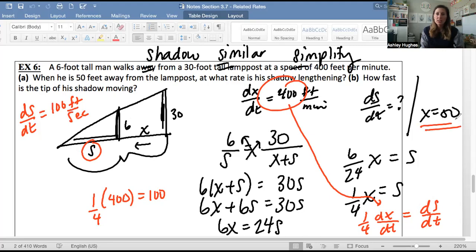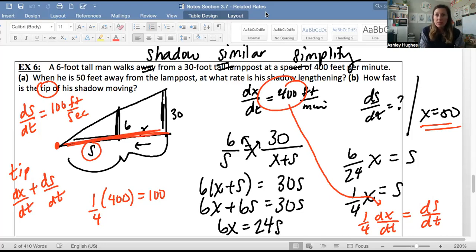Notice we didn't have to use this. You don't have to use it in the shadow problems. And when it says how fast is the tip moving, I just remember you add dx/dt plus ds/dt, because the tip is affected by how fast he's walking and how fast the shadow is lengthening. It's basically asking for the rate of this whole side, so it's looking for d(x plus s)/dt.